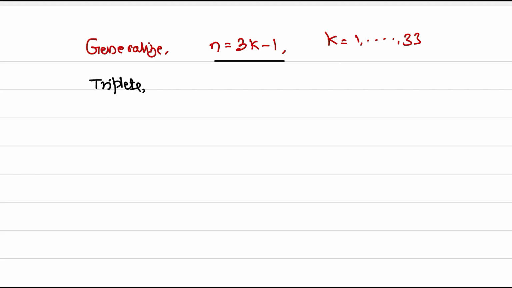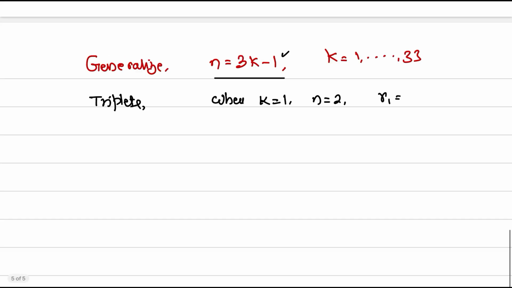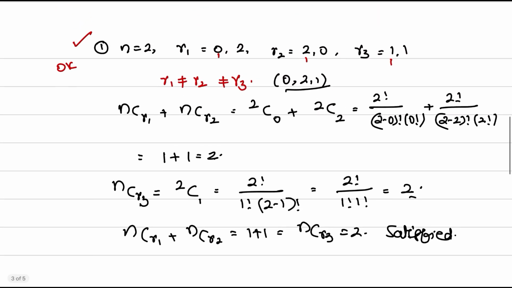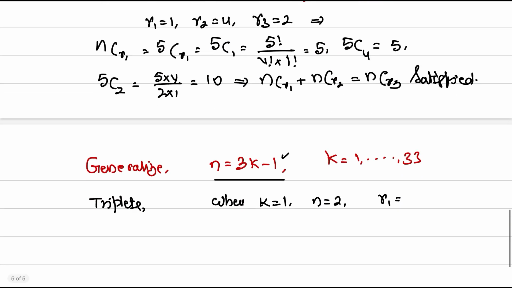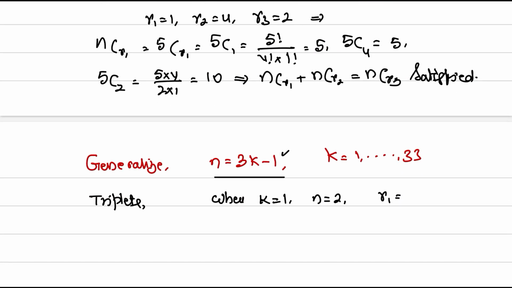When k is equal to 1, n is equal to 2, the R's are the set 0, 2, 1.